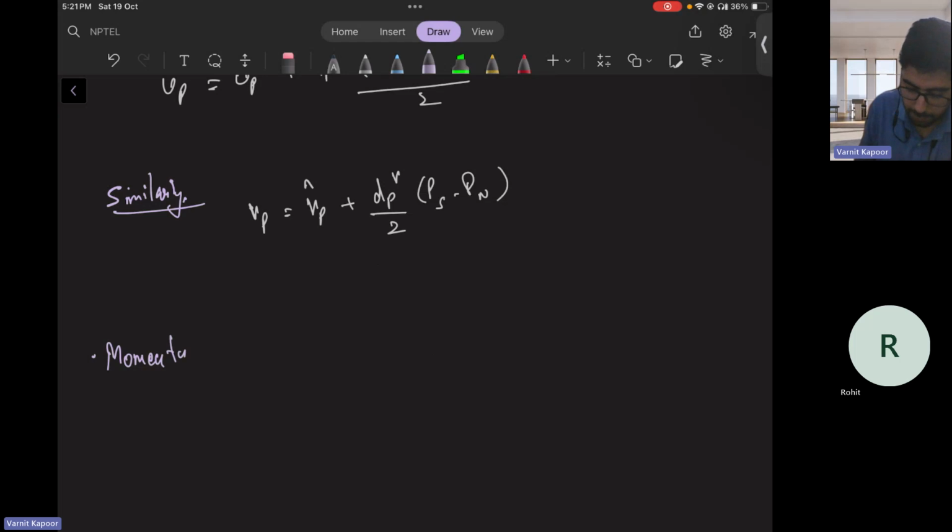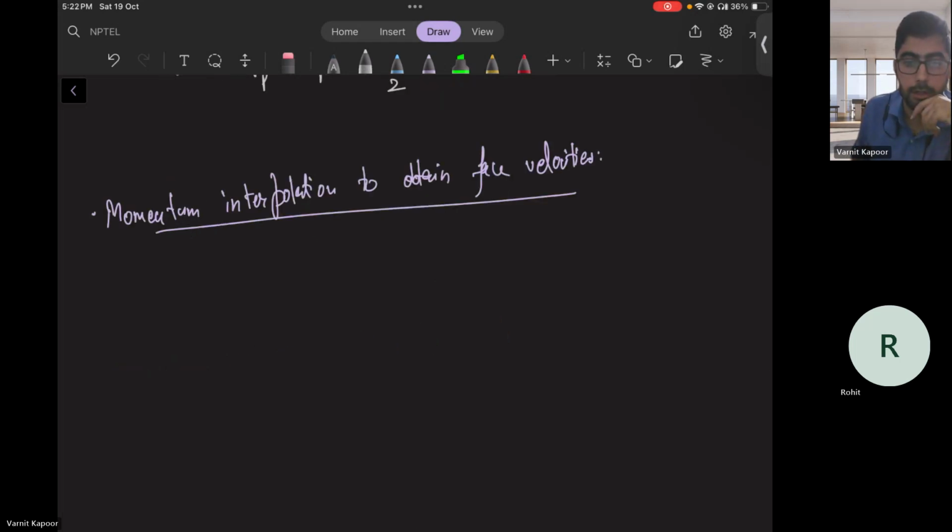So let me write momentum interpolation to obtain the face velocity.